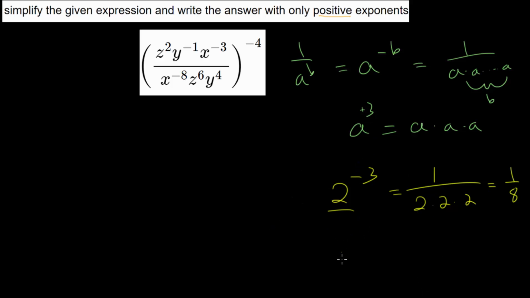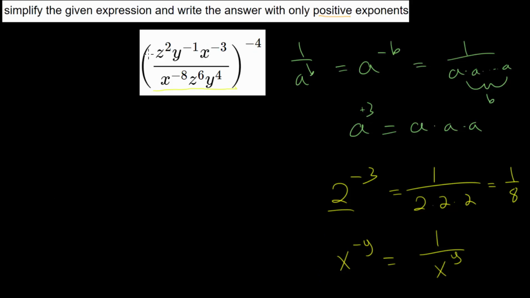And in general, if we had something, let's say x to the minus y, as we saw up here, basically the negative exponent just puts this base in the denominator and the exponent becomes positive. So we can start this by looking at this inner expression and ignoring this exponent. We'll come back to the exponent at the end.